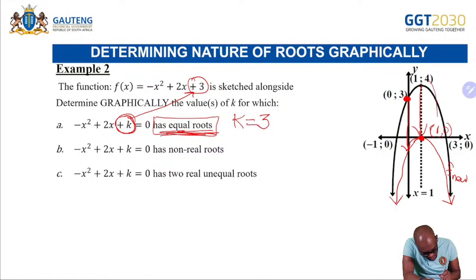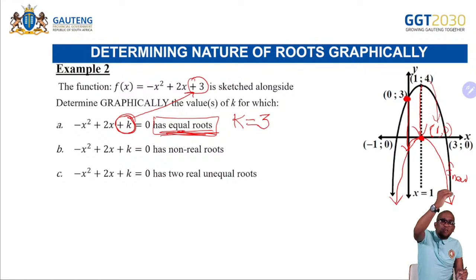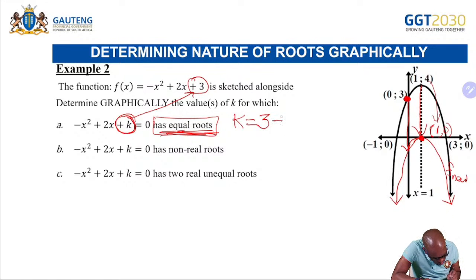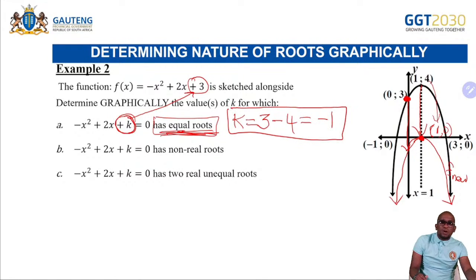So you can see we moved the graph vertically down by 4 units. So if we move the graph by 4 units down, then the y-intercept also moves by 4 units down, which means this would be minus 4, which gives you k is equal to -1, like that.